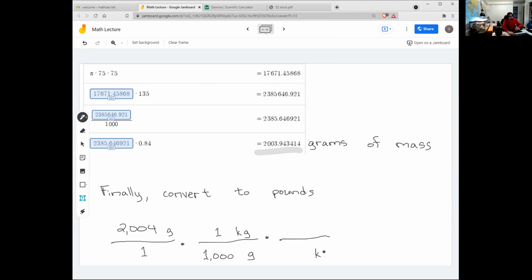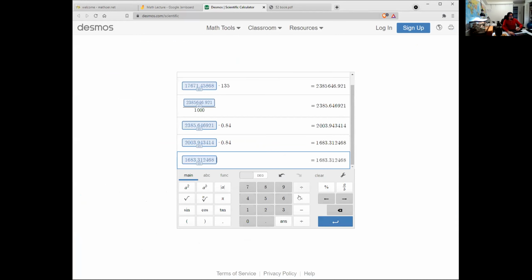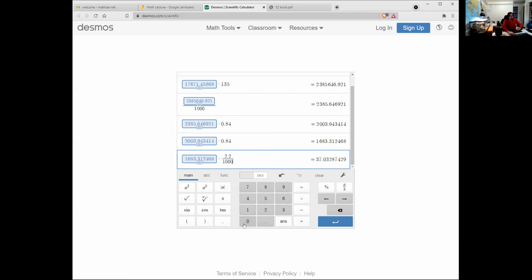So kilogram goes on the bottom, so it will cancel. Okay, so grams will cancel, kilograms will cancel. So again, I'm going to unround my answer by going back to the calculator: I take this answer, multiply it by 2.2, divide it by 1,000, and I get 3.7.